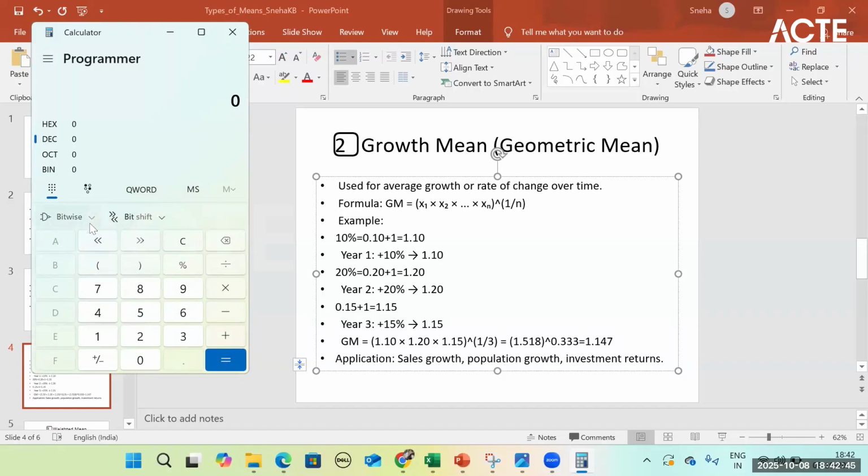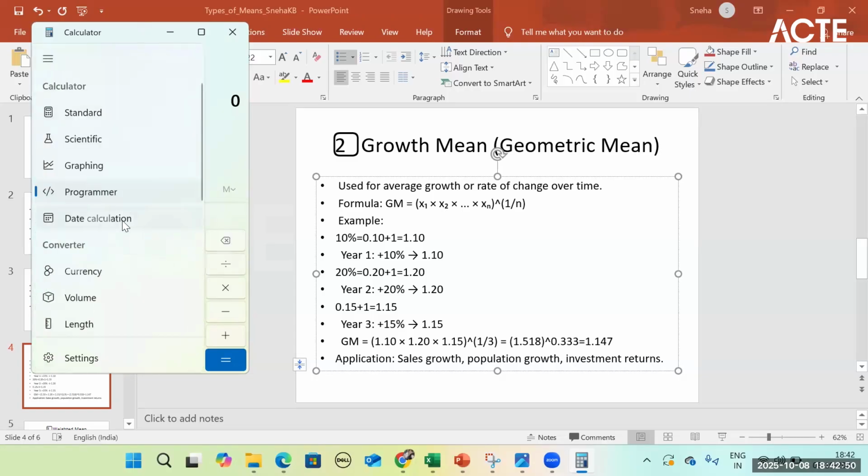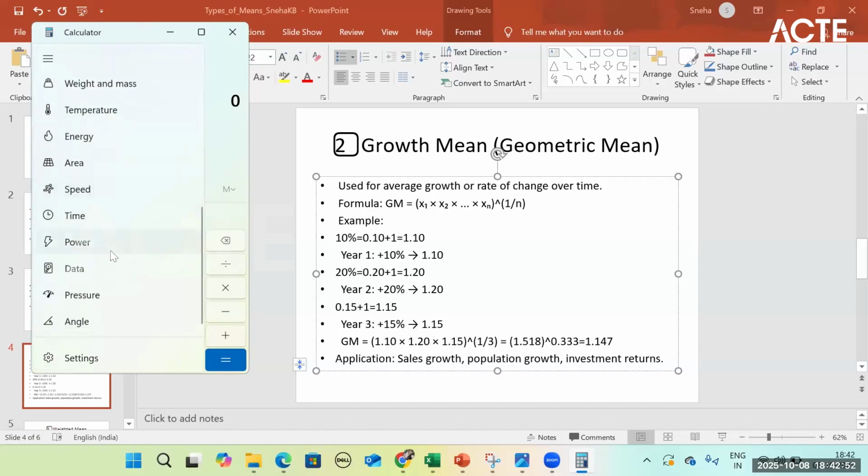Check in your phone. In my phone, I'm getting it. Power is here.